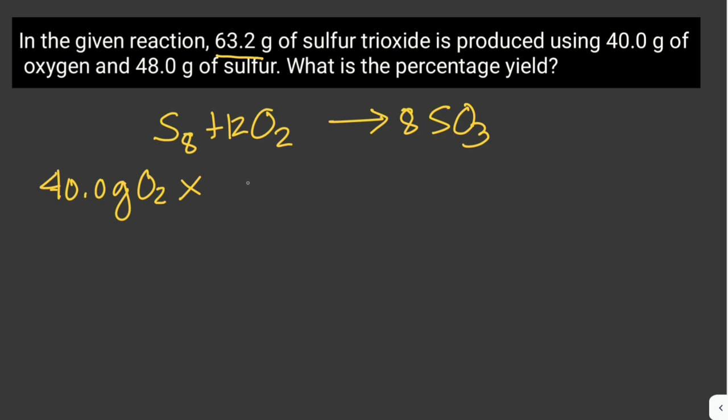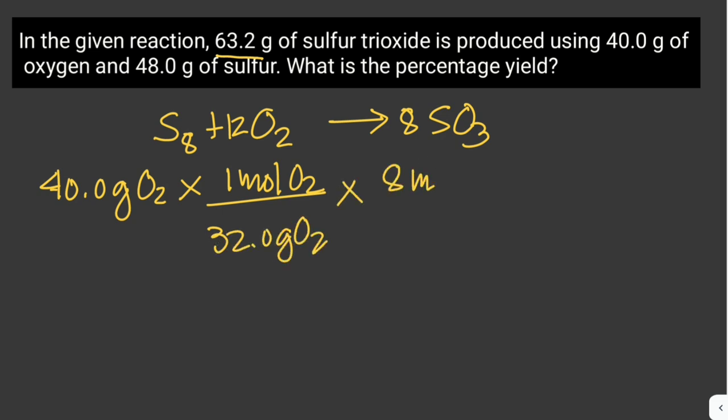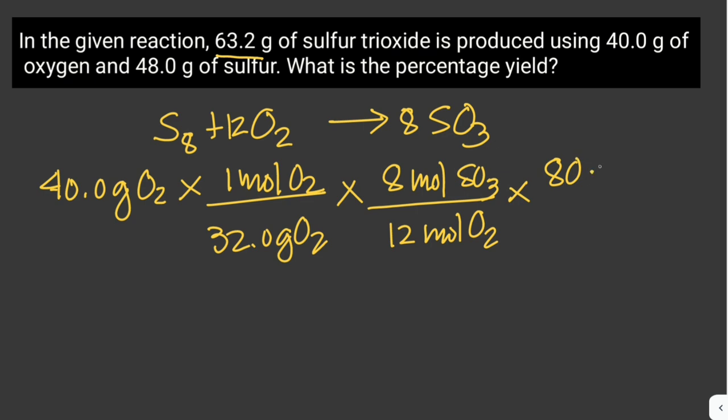Then we multiply this by the molar mass of oxygen, and then the mole ratio, so 8 moles of SO3 to 12 moles of oxygen. And then we multiply this by the molar mass of sulfur trioxide.